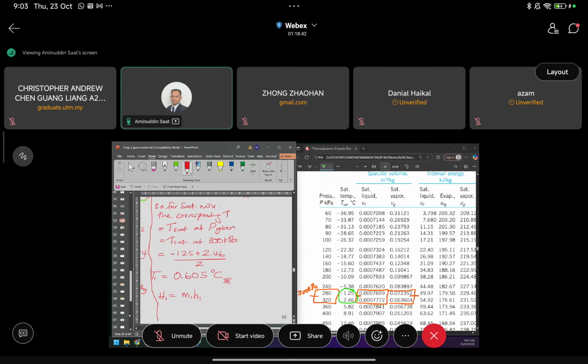You need to find it from the quality, because for saturated mixture, to find other properties, we need X, which is the quality.